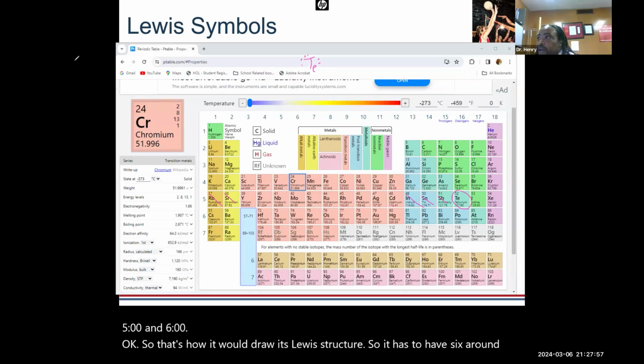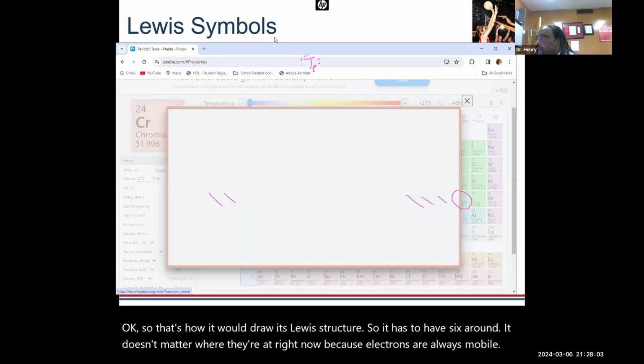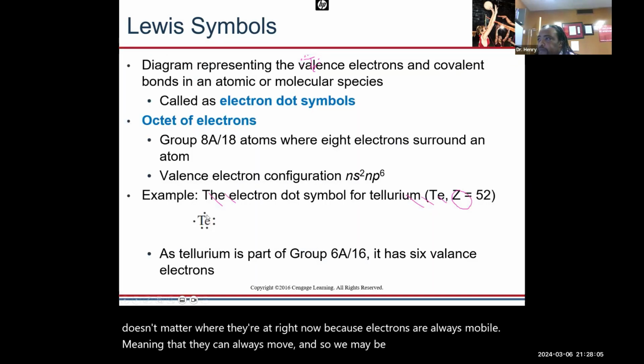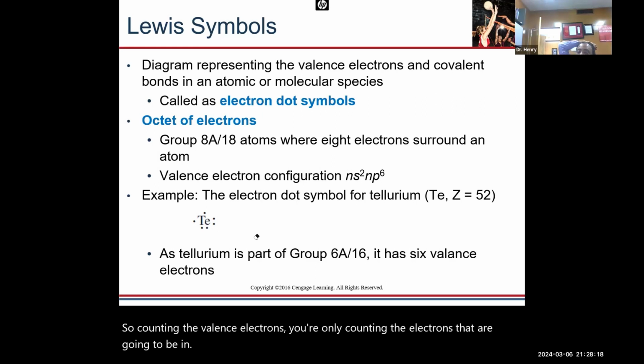It doesn't matter where they're at right now because electrons are always mobile, meaning that they can always move. And we may be talking about that later on. Any questions? So counting the valence electrons, you're only counting the electrons that are in the s and the p at the highest energy level.